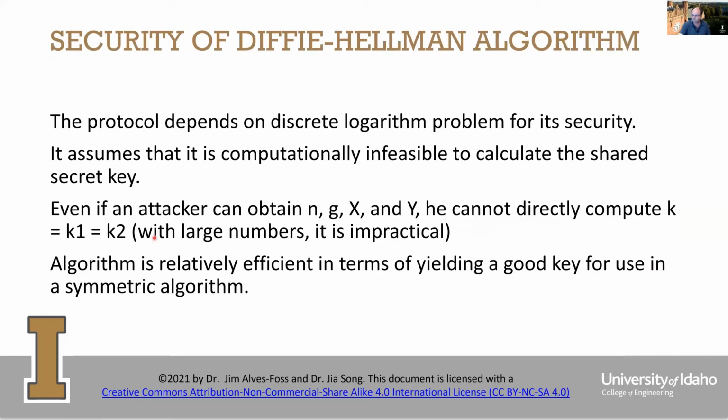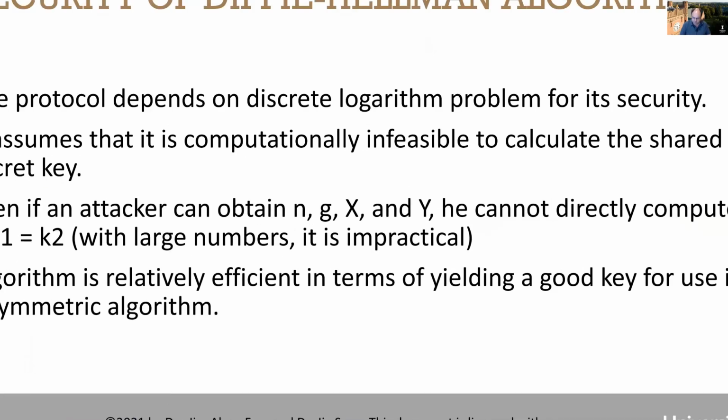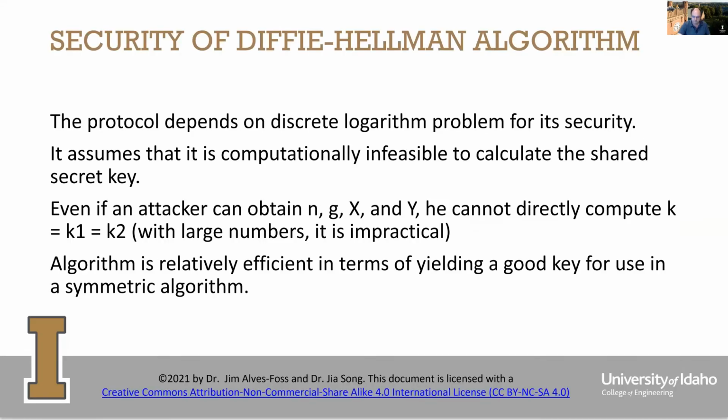All right. So like I said, how is it secure? The protocol depends on the ability to do what we call discrete logarithm. It assumes that it is computationally infeasible to calculate the shared secret key, even if an attacker obtains N, which they will, because that's public, G, again because that's public, X and Y, they're just sent over the internet.